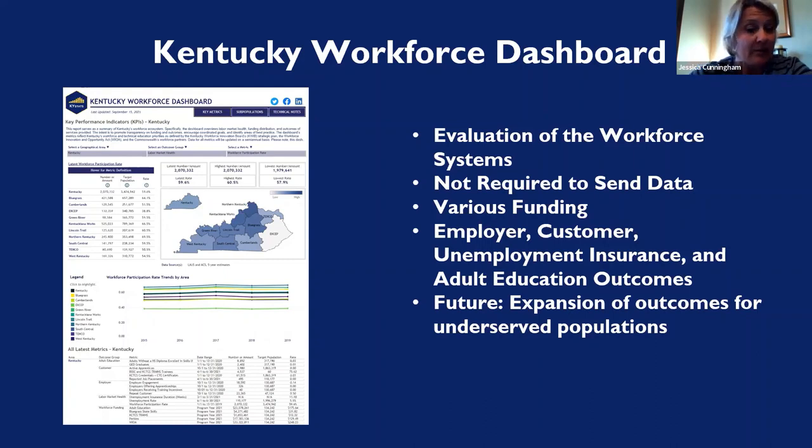We have customer outcome metrics, which include apprenticeships, KCTCS, which is our community and technical education system in our state, and CTE credentials, and how many of those are earned in the local workforce areas, and also job placements.